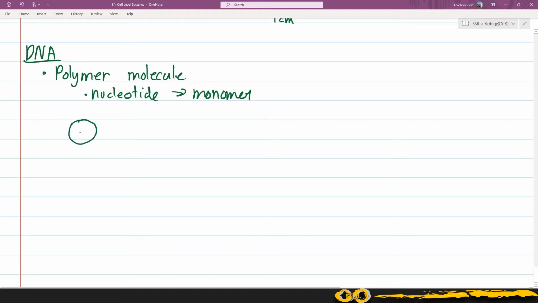The nucleotide is made up of a phosphate group, which is connected to a sugar, and the sugar in this case is deoxyribose, which gives DNA the D in its name, and then that sugar is connected to a base. And that sugar will also be connected onto the next phosphate group, and so on and so forth, and that forms what we call the sugar-phosphate backbone of a DNA molecule.